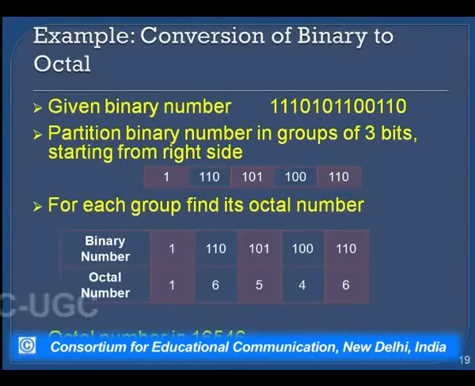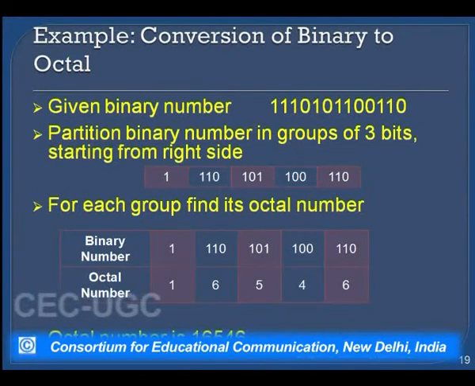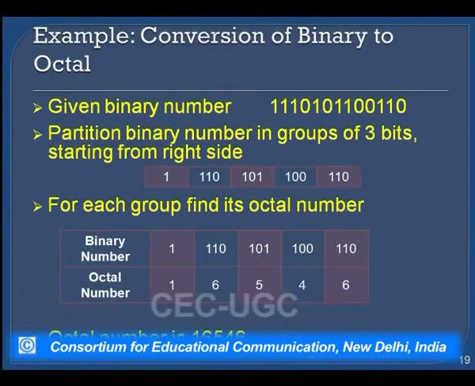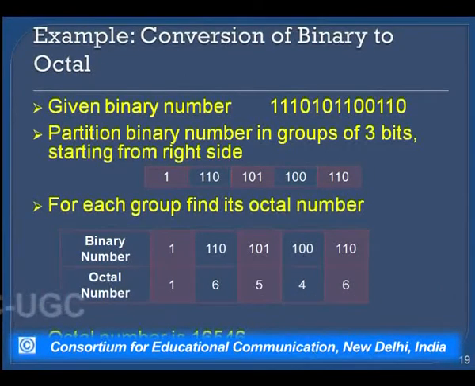So, let us see this example. We have this binary number. Now, we partition this number starting from the right. Since we are converting this to an octal number, we see that at the leftmost end we are not left with 3 digits, we are only left with 1 digit. That is not a problem.